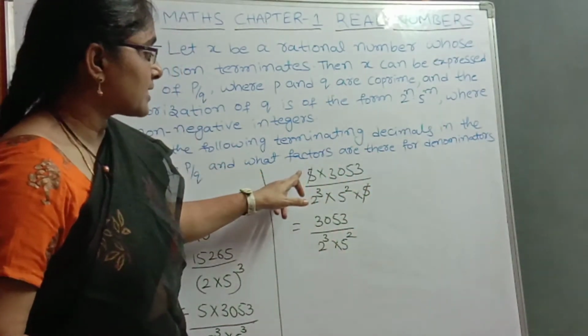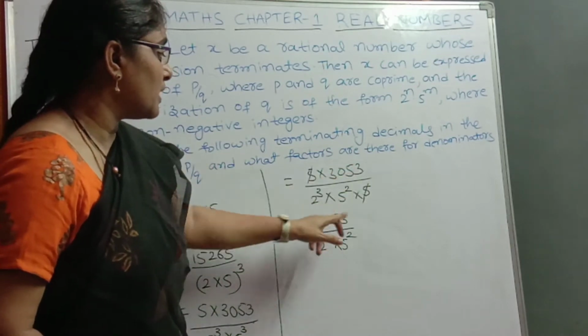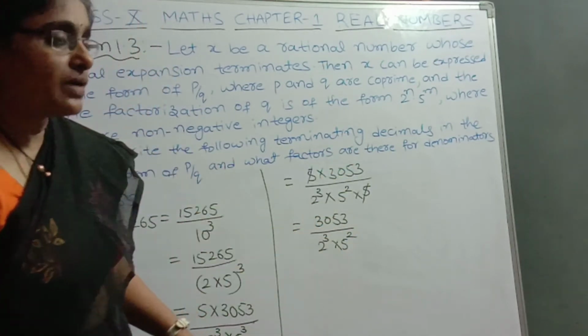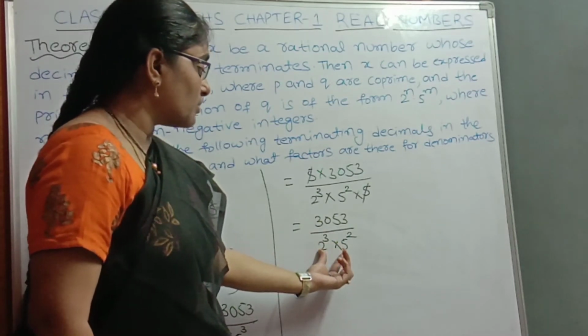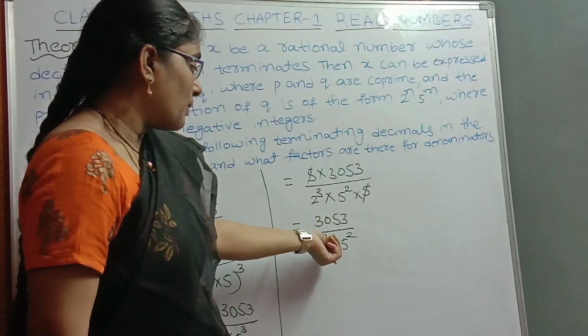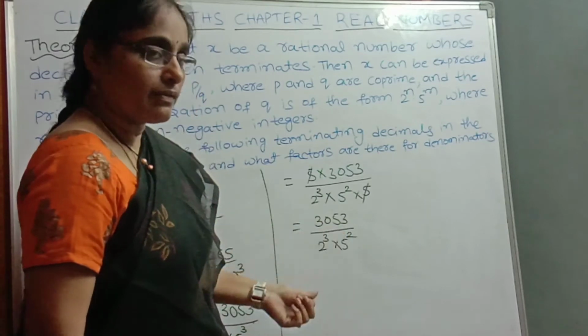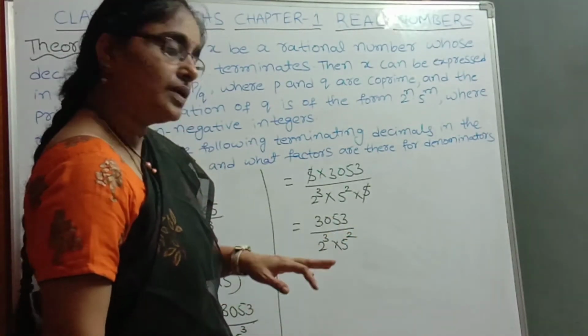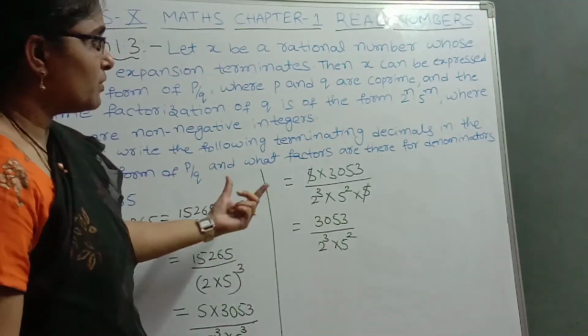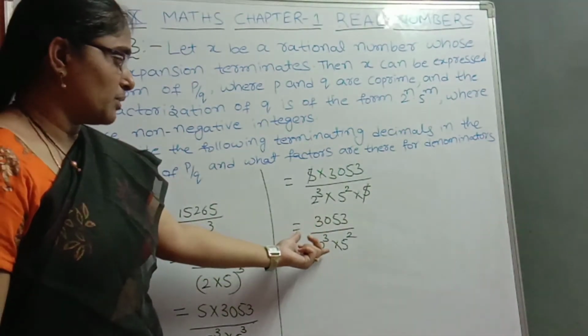Here 5 gets cancelled. Now 3053 by 2 cube into 5 square. The denominator is in the form 2 power n into 5 to the power of m, where m and n are non-negative integers. In this way you can find the factors for the denominators also.